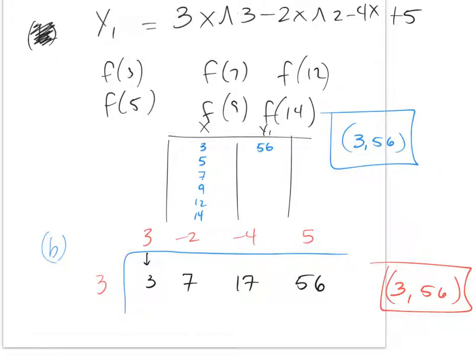Now, let's go back to what Hannah said. Hannah said if the remainder is 0, then we have a factor. Think about that for a second. This is going to lead us into the next theorem. If the remainder is 0, what does that mean about the coordinate?